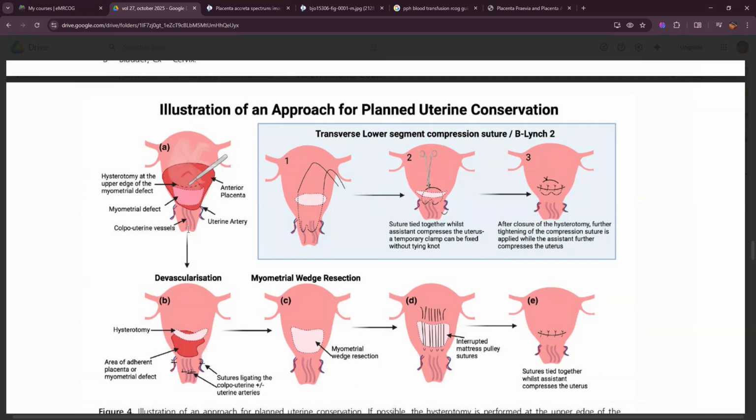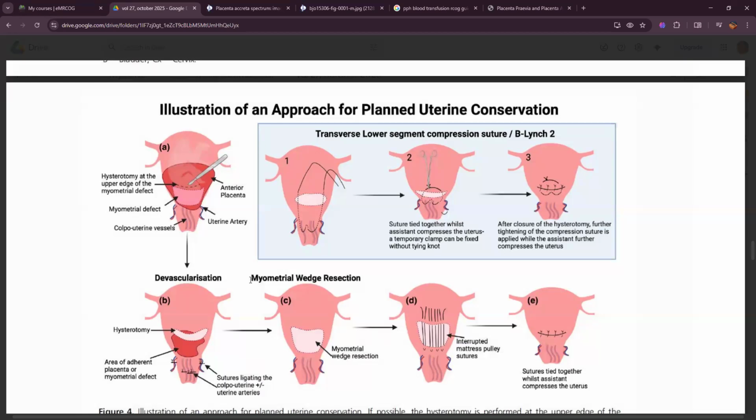So if you can see a myometrial defect, as I showed you before, and the dehiscence, you are going to open above this dehiscence. In general, if you suspect that you are dealing with a low-lying placenta and it's also invading, you are going to have a hysterotomy a little bit above the defect or the suspected defect.